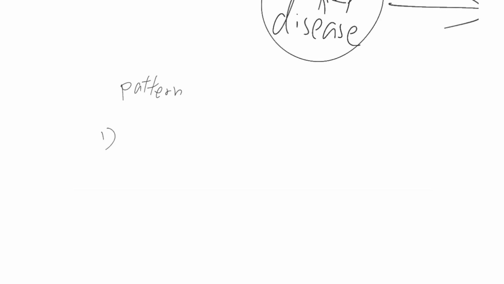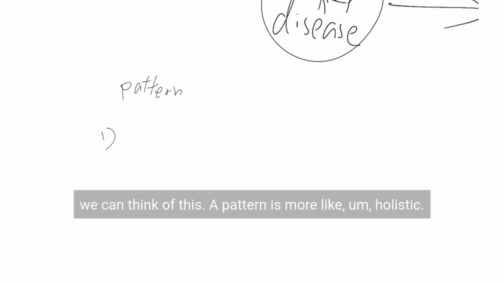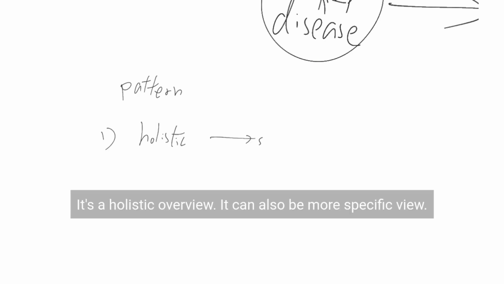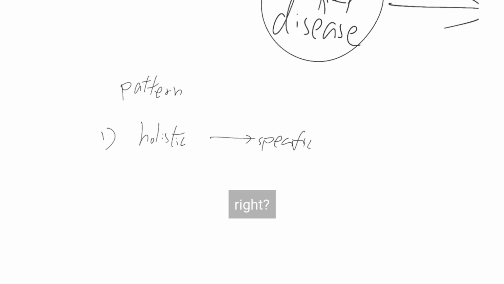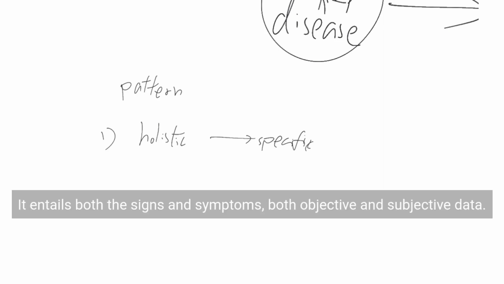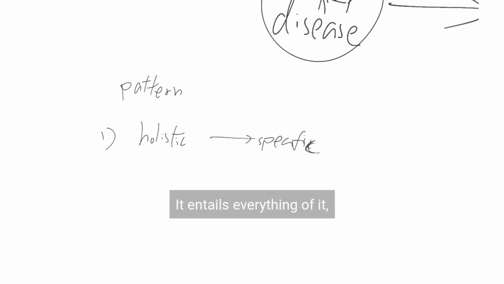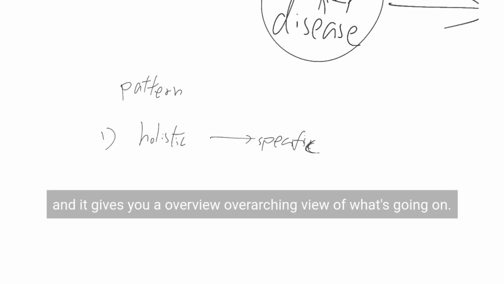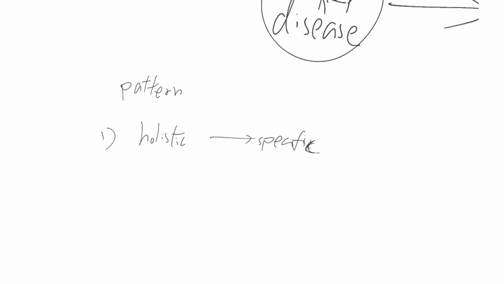Well, number one, a pattern is more like a holistic view, but it can be a more specific view, right? It entails both the science and system, both objective and subjective data. It entails everything, and it gives you an overarching view of what's going on.